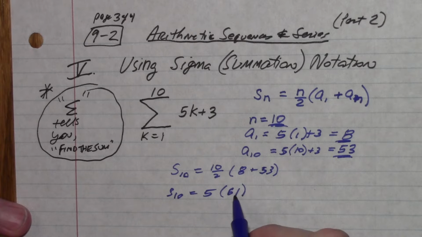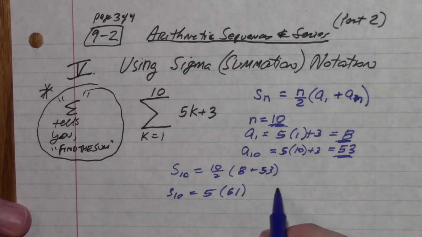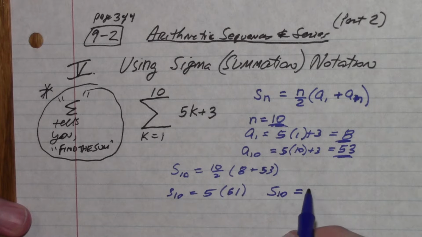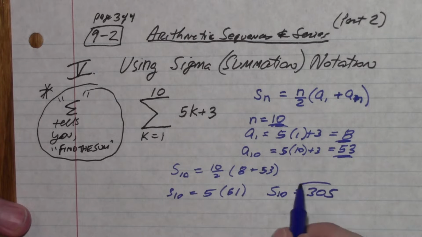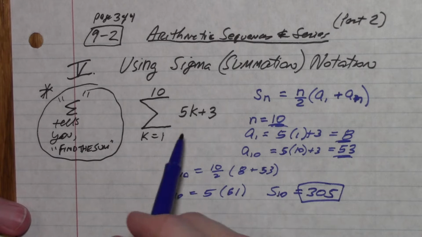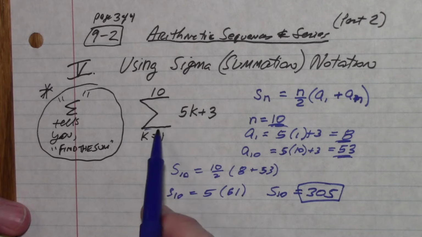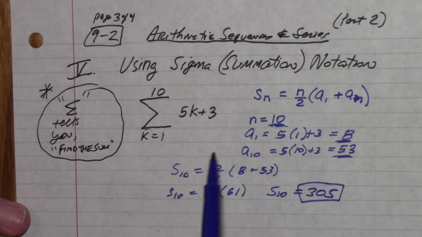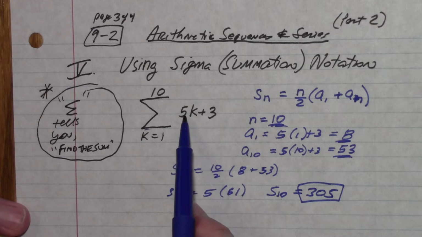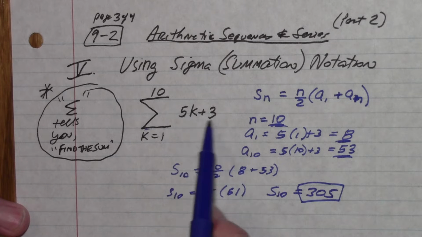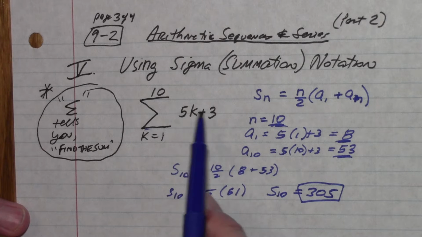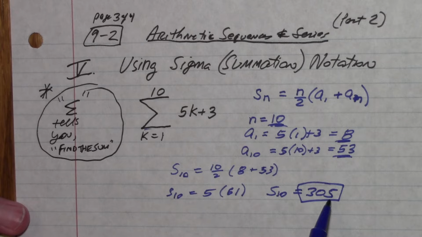So when we do 5 times 61, that's 305. So what we're saying here is the sum from the first to the 10th term of the series, defined by this equation for each term in it, is 305.